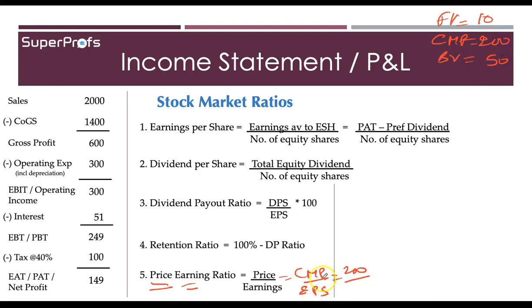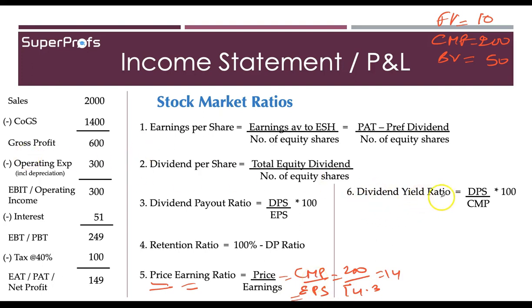Therefore current market price by earnings per share, that is 14.3, gives 14. This means that the current market price of the shares is 14 times the earning per share.